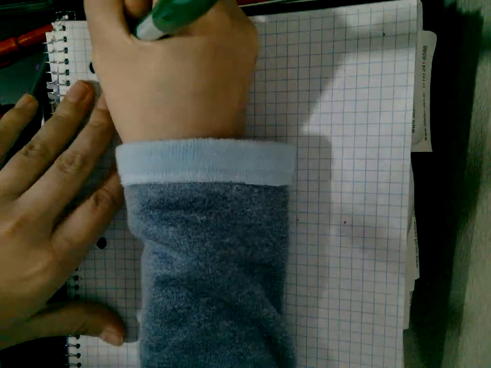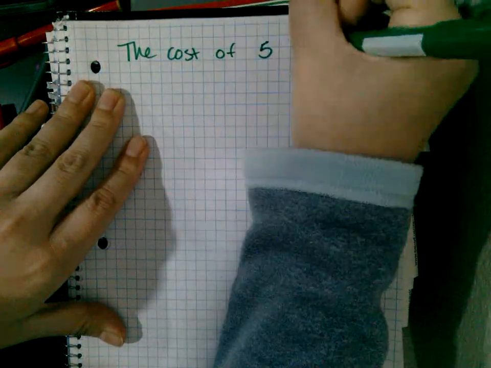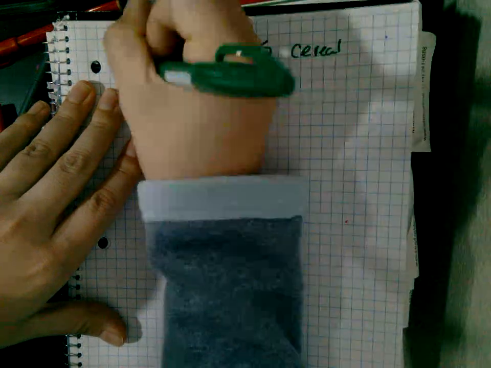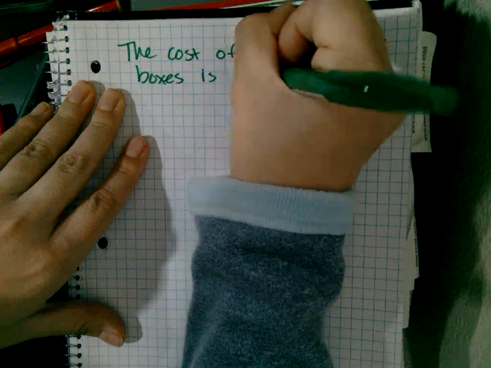All right, now let's do problem number 2. Now I'm going to say problem number 2 is easier. I should have started with problem number 2, but I kind of forgot. The cost of 5 cereal boxes is $10.